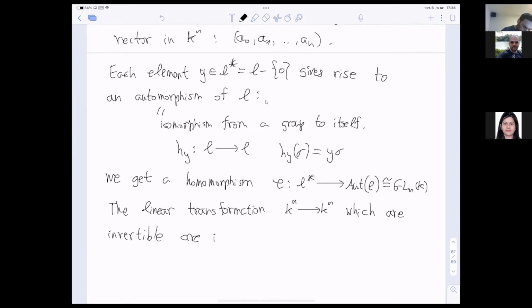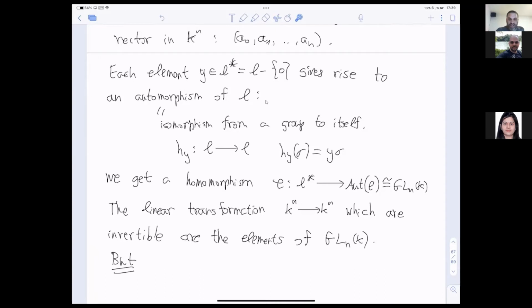But the image of phi, of course, is far from being surjective, because this is an abelian group, and this is far from being an abelian group.